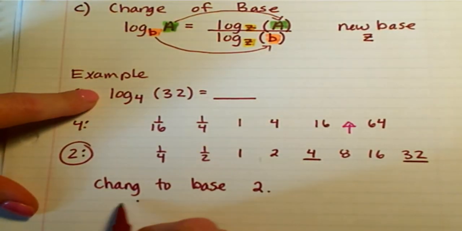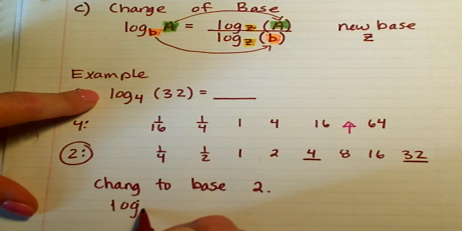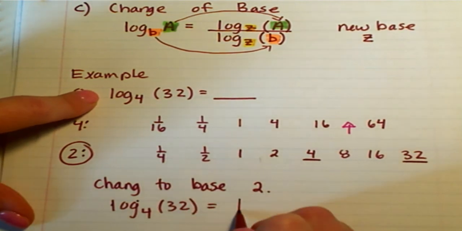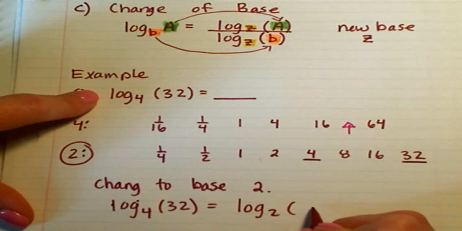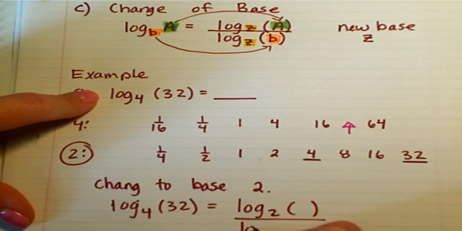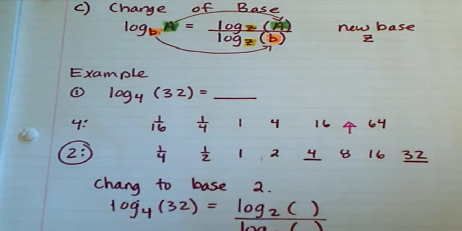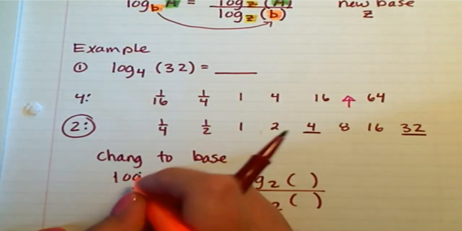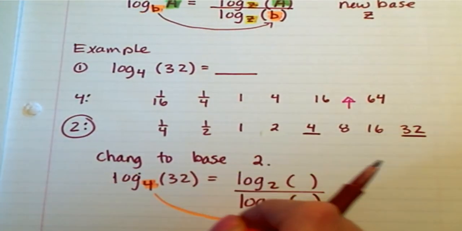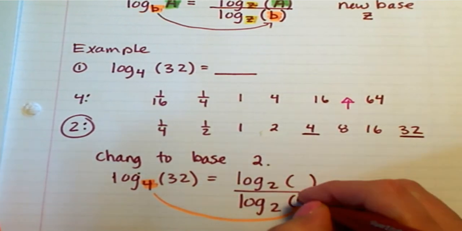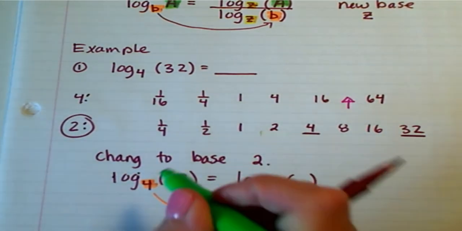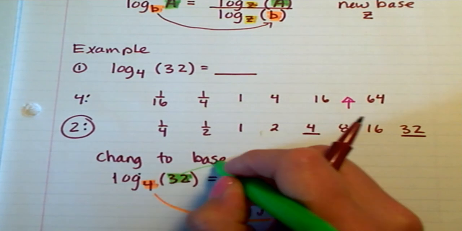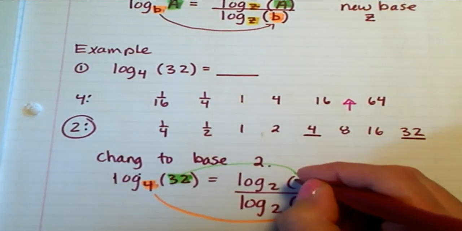All right. Log base 4 of 32 equals log base 2, log base 2. All right. The 4 goes to the bottom, okay, and the 32 goes to the top.